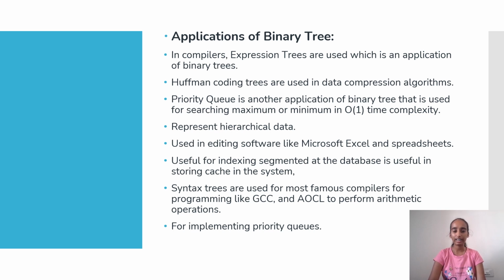They represent hierarchical data used in software like Microsoft Excel and spreadsheets. Used for indexing segmented at the database, which is useful in storing caches in the system. Syntax trees are used by most famous compilers for programming like GCC to perform arithmetic operations. For implementing priority queues.